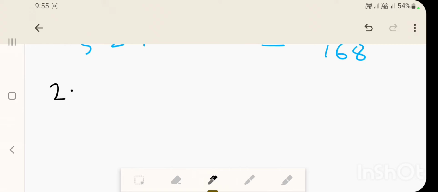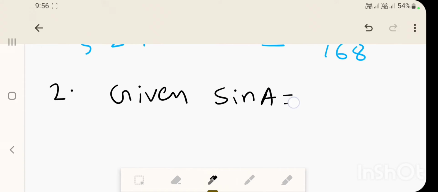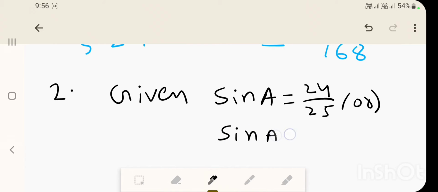Another question we are going to solve, that is, suppose they given sin A. Okay, sin A is given 24 by 25, or I'm just taking all the possibilities. Sin A can be given 12 by 13. Okay, 12 by 13, this they can give.